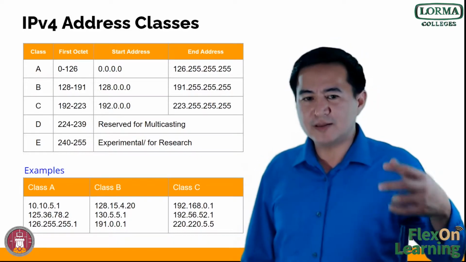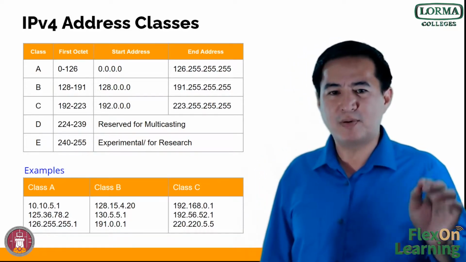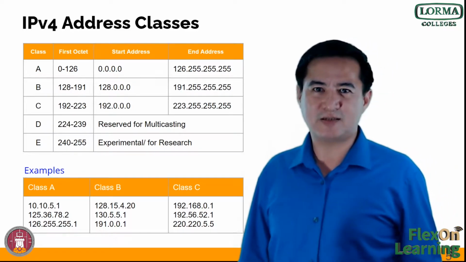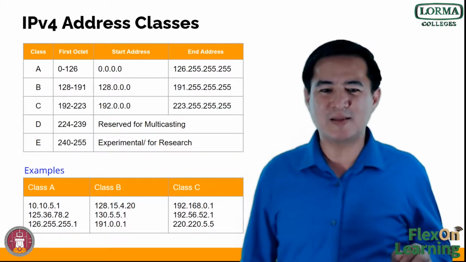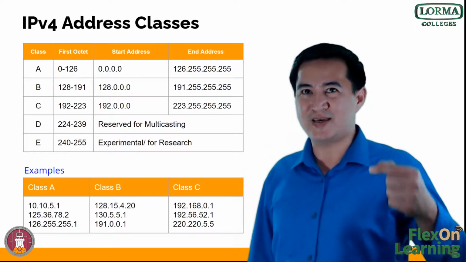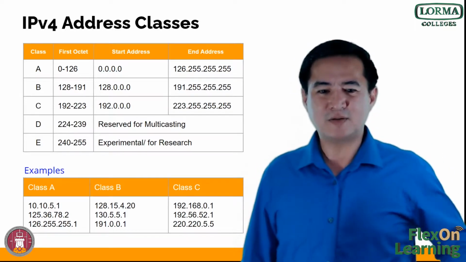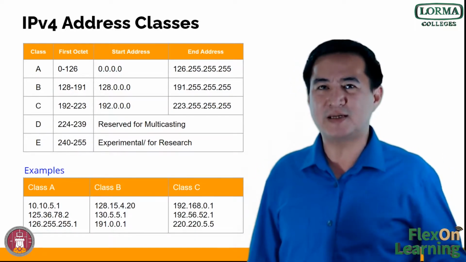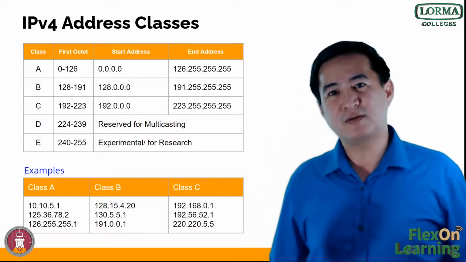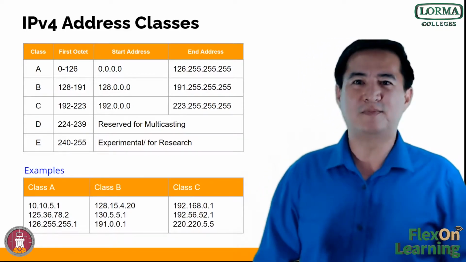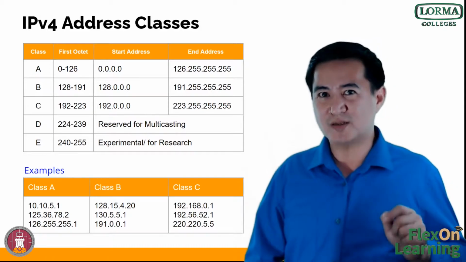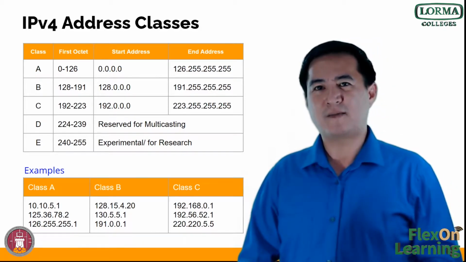You may notice that some numbers are not present in the range. For example, where is 127 between class A and B, right? Those numbers are missing intentionally because they serve a special purpose, which we are going to take a look at in a later slide.